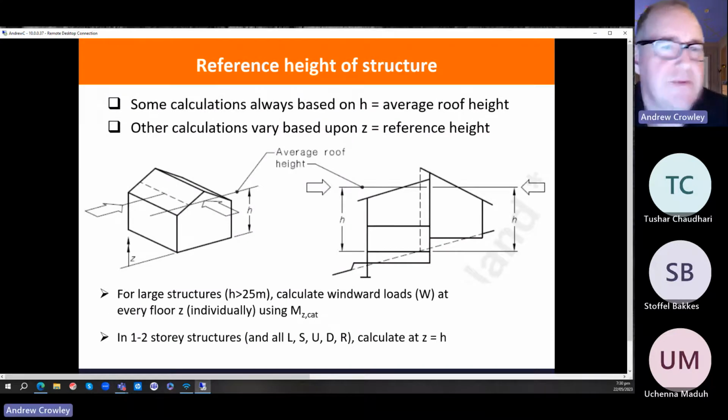Bear in mind that some of the calculations are based on the average height of the roof, and others are based on the reference height of the roof or the piece of cladding or structure that you're looking at. So this applies in particular to tall buildings. As you go up a tall building, the wind speed will increase. For most of our projects, it's usually safe to assume a constant wind speed up a low-rise building.